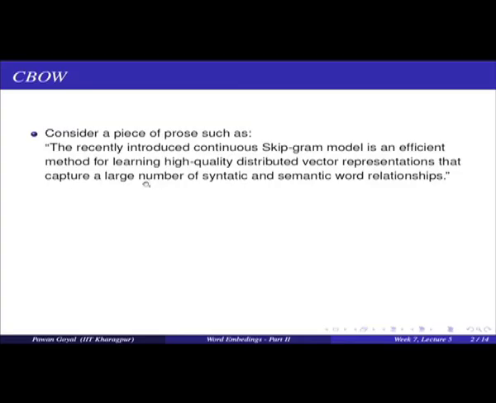I focus on a word, let us say learning, and take a window around that word. The window size can vary and is a hyperparameter that you choose. Say I take 4 words before and 4 words after. Using these 8 words around the word learning, I will try to predict the word learning.